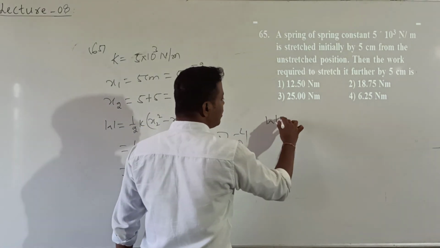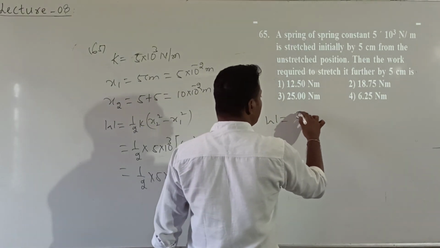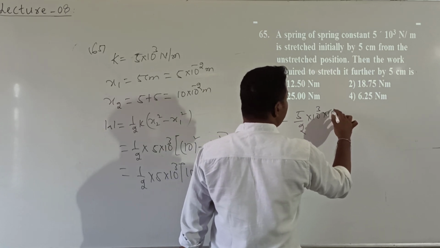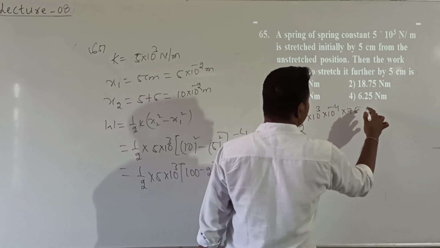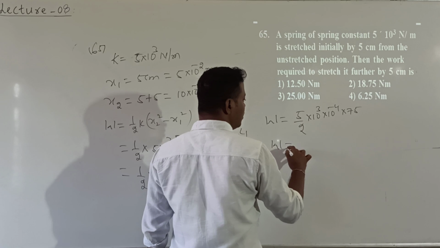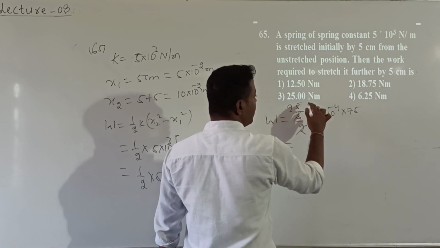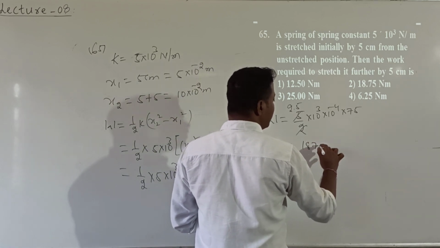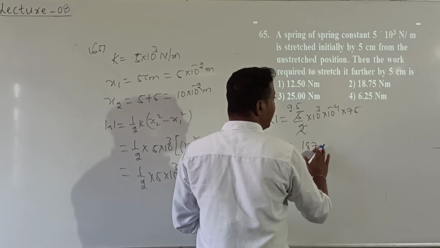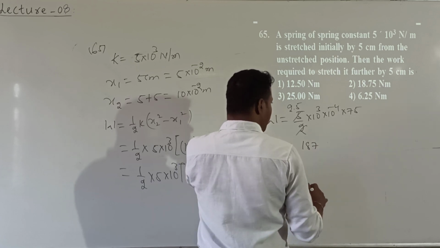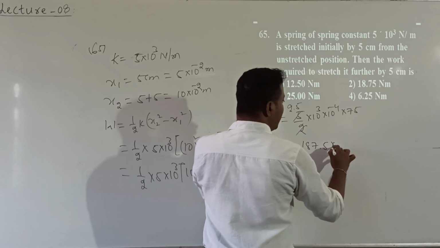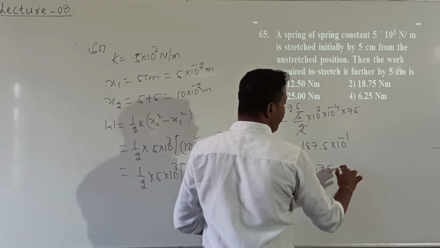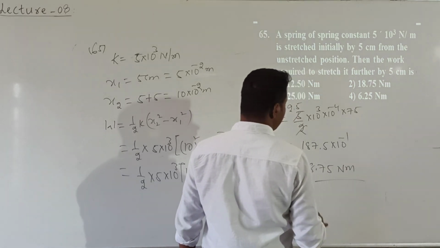W value is equal to 5 by 2 into 10 to the power of plus 3 into 10 to the power of minus 4 into 75. So W is 2.5 into 75, that is 187.5. 187.5 into 10 power minus 1, which is equal to 18.75 Newton meter or joules.